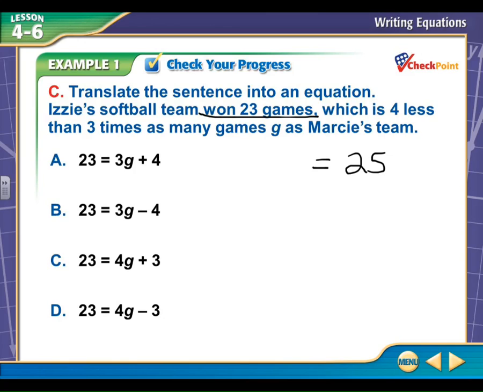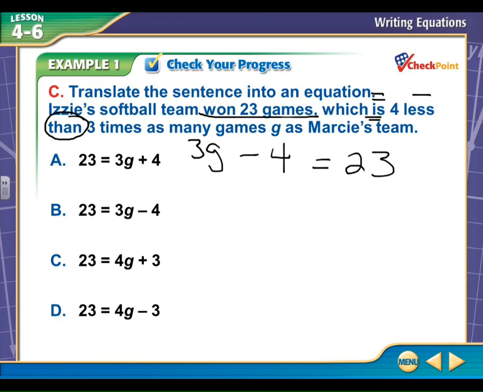23 games is 4 less than, so that's subtraction, 3 times as many games. 3 times as many games minus 4 is 23. Sorry, I wrote 25, that's 23.